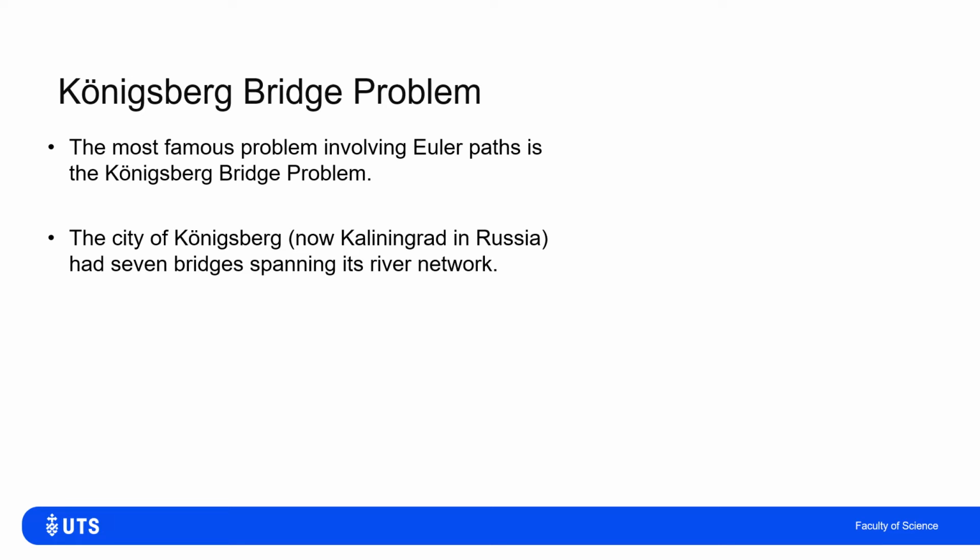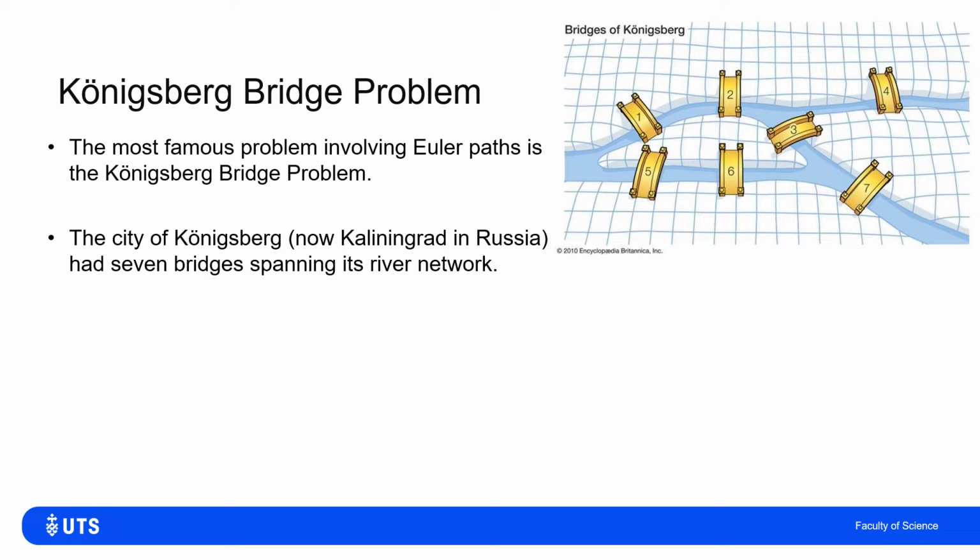In the city of Königsberg then, there were 7 bridges spanning the river network. No idea how many there are now, but this was the visualization of the bridges as they were. This island had divided the city into 4 regions.